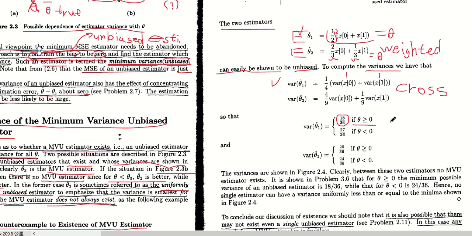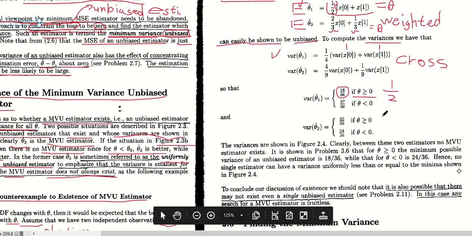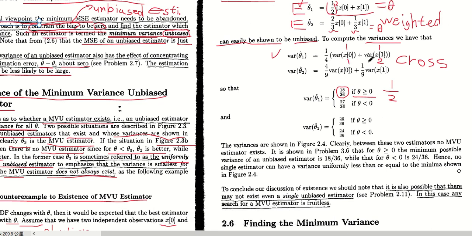The reason it makes the denominator 36 is to make it comparable. So it's 1/2, and then making it 18 over 36. And if theta is smaller than 0, then it will be 1 and 2. As a result, it will be 1 plus 2, 3 over 4, then it will be 27 over 36.